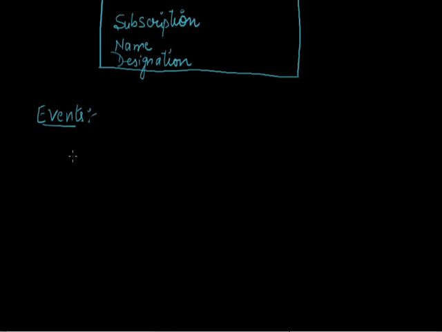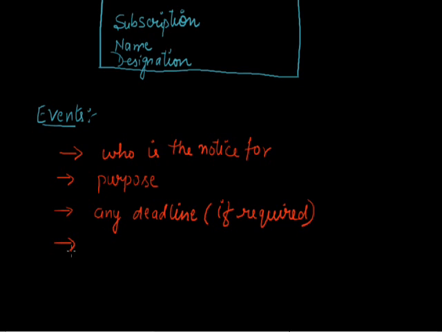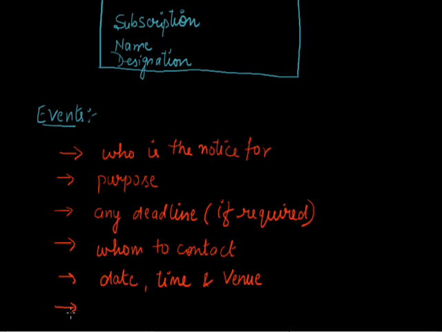The must and mandatory things that we have to include in the body of the notice for an event, in that case we'll write who is the notice for, what is the purpose of the event, is there any deadline that is required, whom to contact, date, time and venue of the event, and maybe if there is any sort of additional information, that also can be added to the body of the notice.